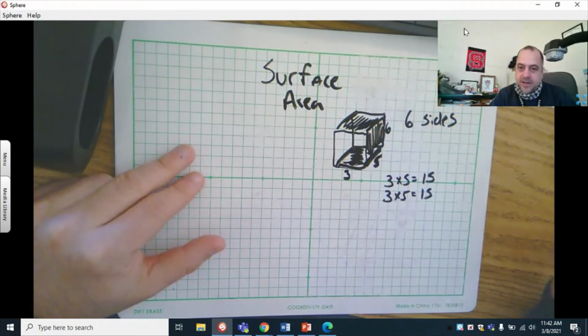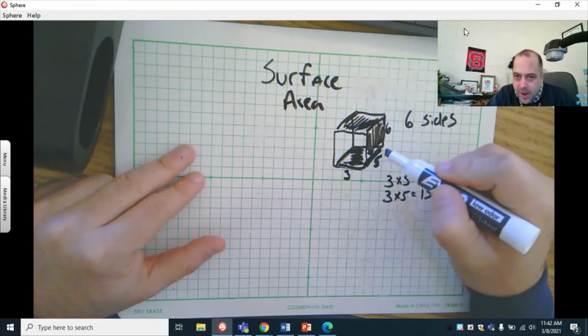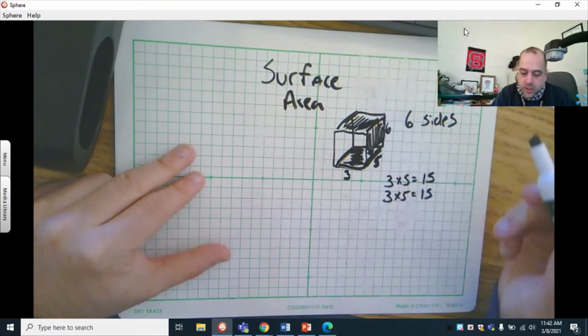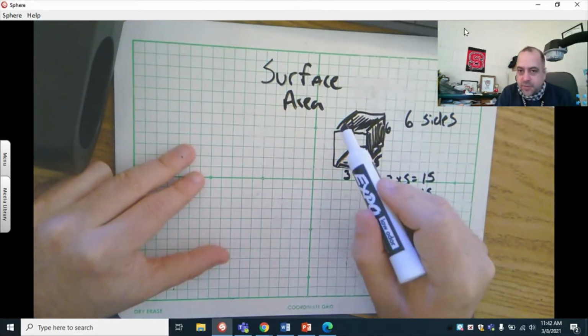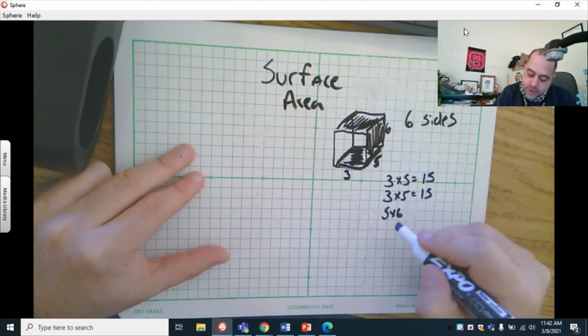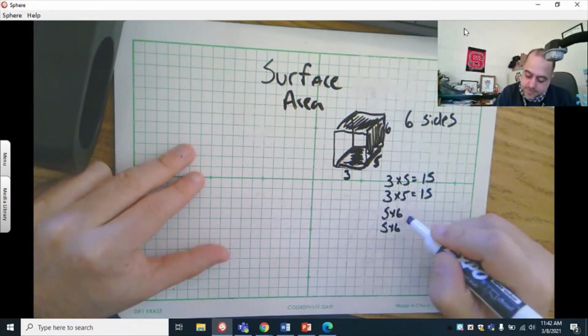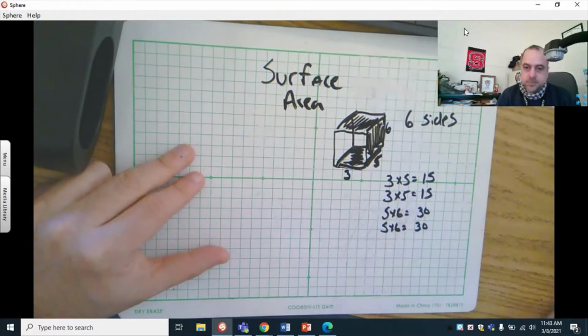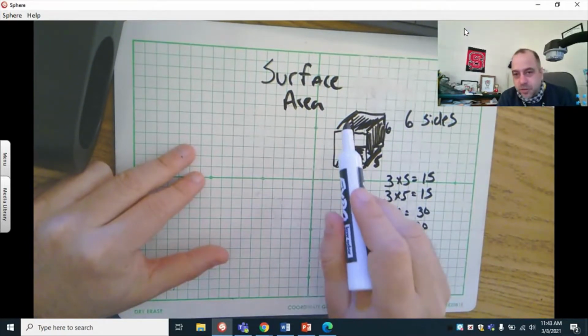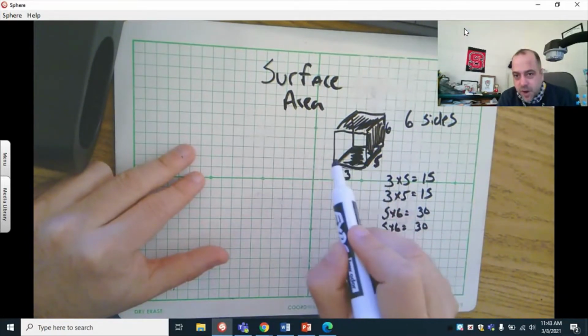Now let's do the sides. It's 5 wide and 6 tall. And he's got a friend over here, right? The opposite side. So there's 2 of these. Now let's do the front. This piece in the front.